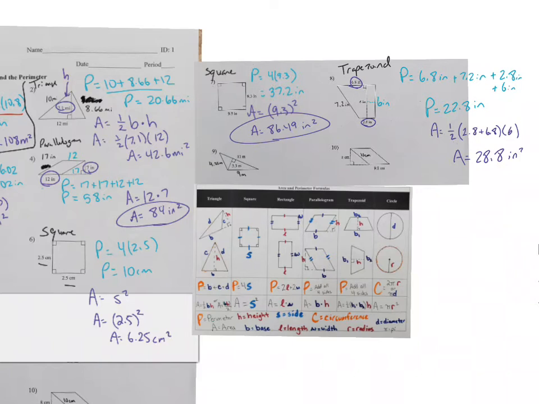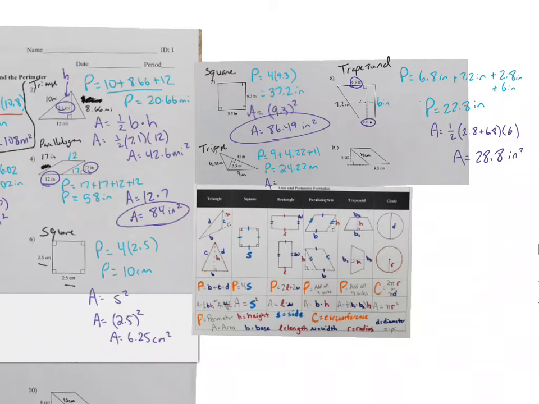All right, 9 is a triangle. Remember, perimeter says add all three sides up together. So my perimeter is going to be 9 plus 4.22 plus 11. So I just add them up together. 9 and 11 is 20. So it's going to be 24.22, and it is meters.